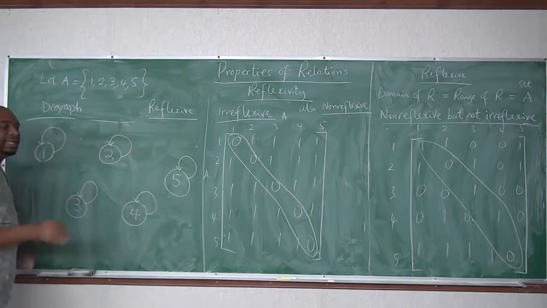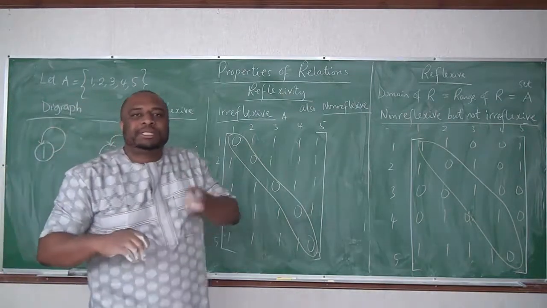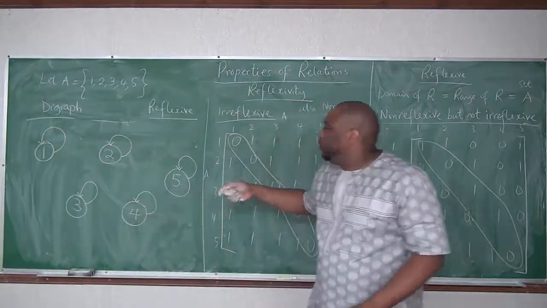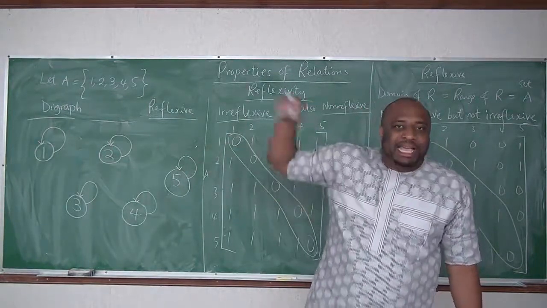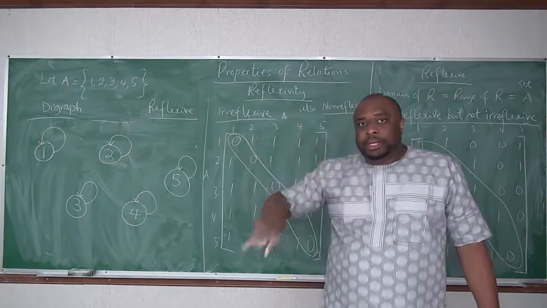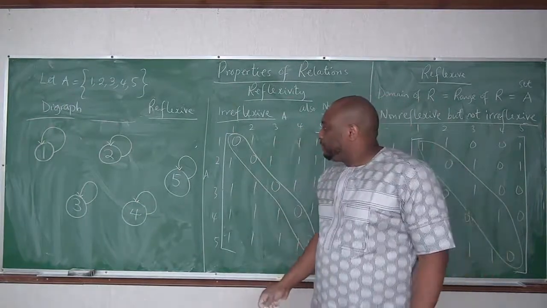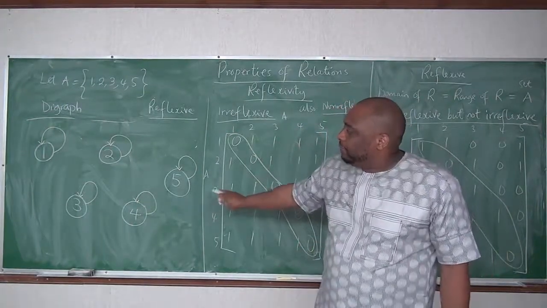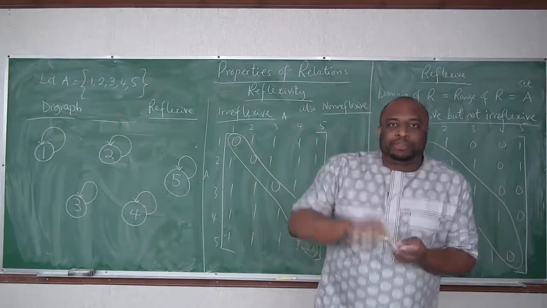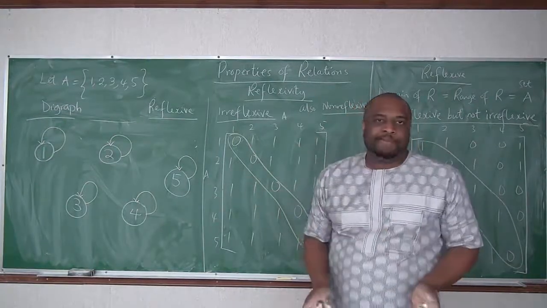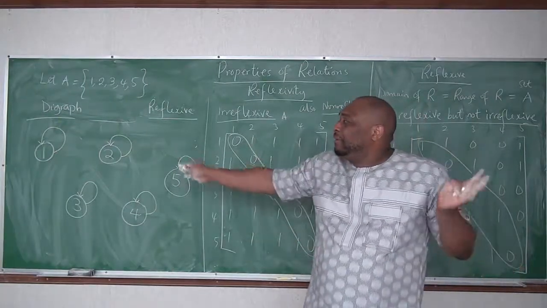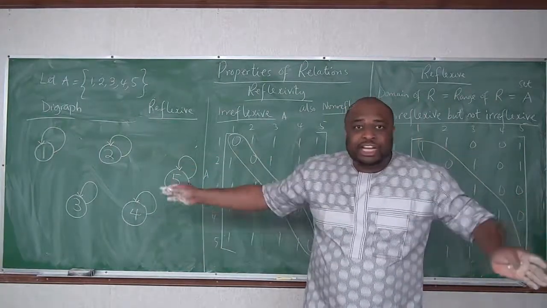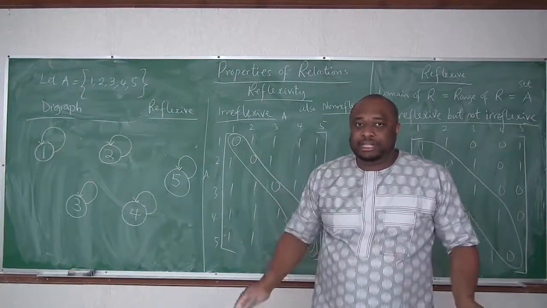The edges that are called loops are those that start from a vertex and end in the same vertex. So you will have 1,1, 2,2, 3,3, 4,4, 5,5. It doesn't matter if you have any other connection or none at all.